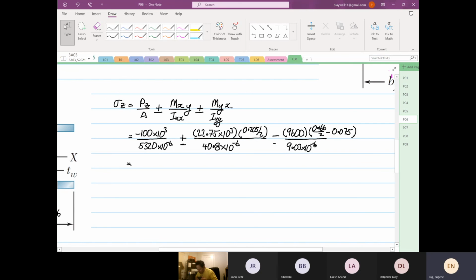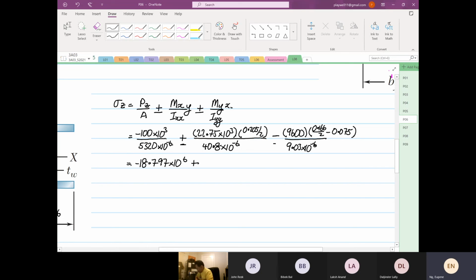Okay, so this is equal to minus 100 times 10 to the power 3 divided by 5320 times 10 to the power minus 6, which is equal to minus 18.797 times 10 to the power 6.